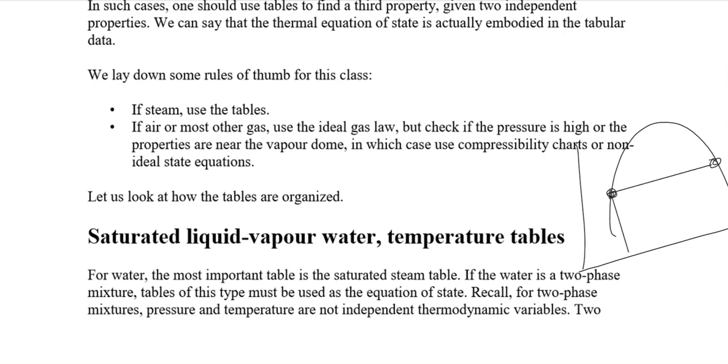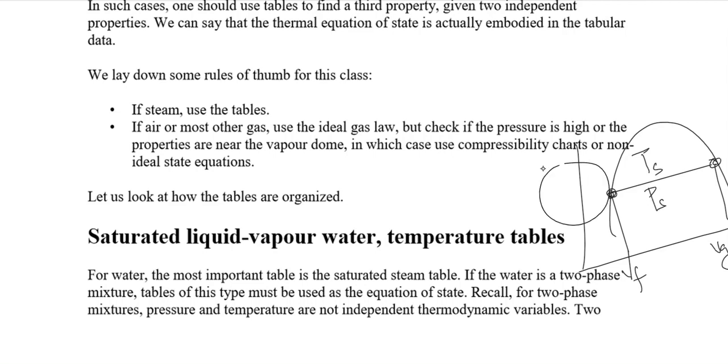We start from volume VF over here and end at volume VG. We are talking about the temperature, which would be the saturation temperature, and the pressure, which would be the saturation pressure over here.